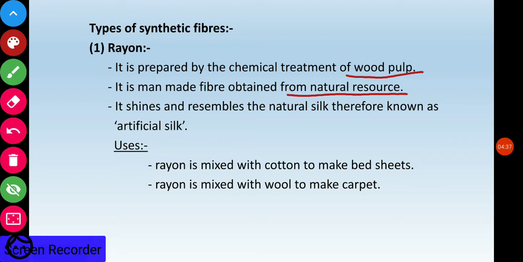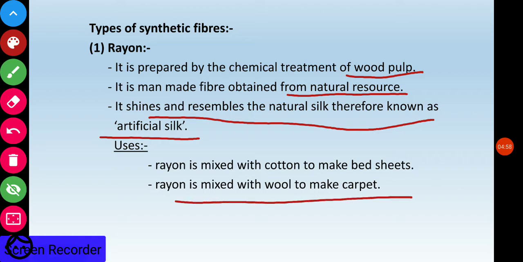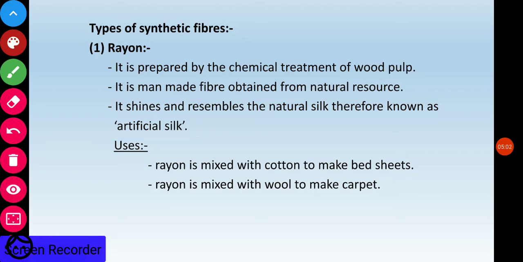It shines and resembles natural silk, therefore it is also known as artificial silk. Uses: rayon is mixed with cotton to make bed sheets. Rayon is mixed with wool to make carpets.